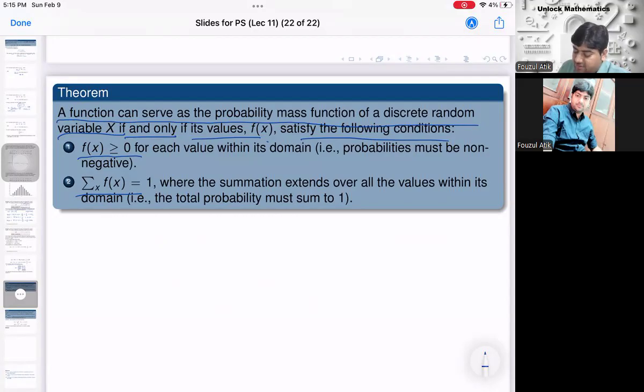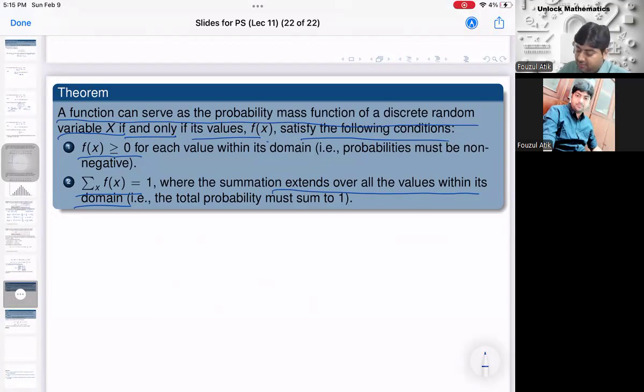And the summation of all the values that x can take should be 1, where the summation extends over all the values within its domain.